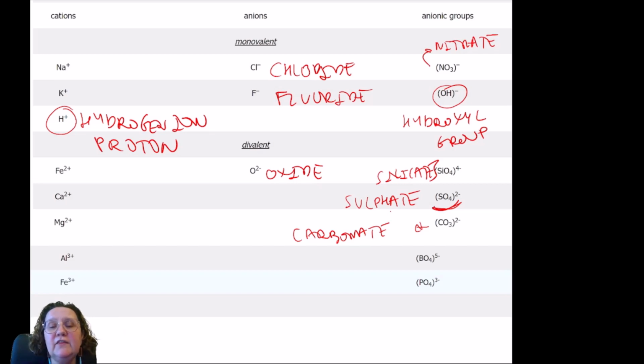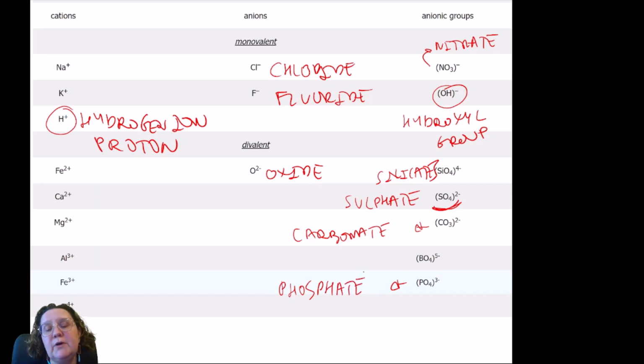It's likely that we will spend a little bit of time, when we're looking at acid-base chemistry, talking about the carbonate chemistry, because it's quite a rich chemistry, especially in an environmental context, the equilibrium of the different species of carbon dioxide dissolving in water. The carbonate group is quite important in an environmental context. The next one is borate, which is useful, but this one, PO4 3 minus, is the phosphate group.